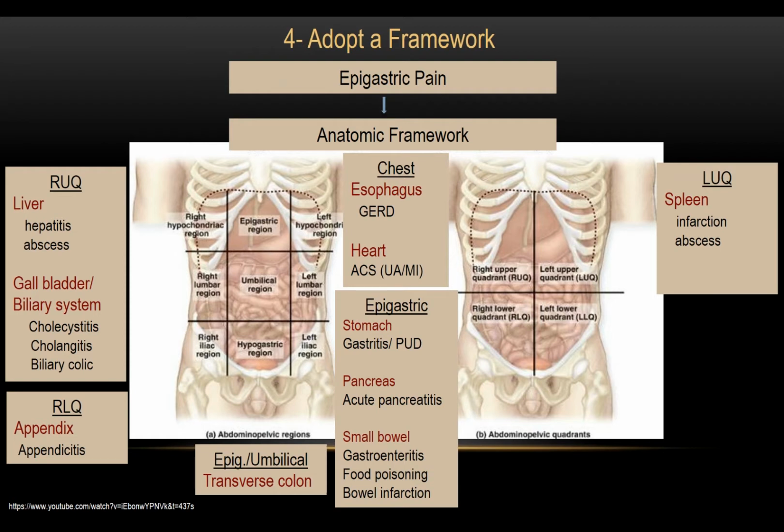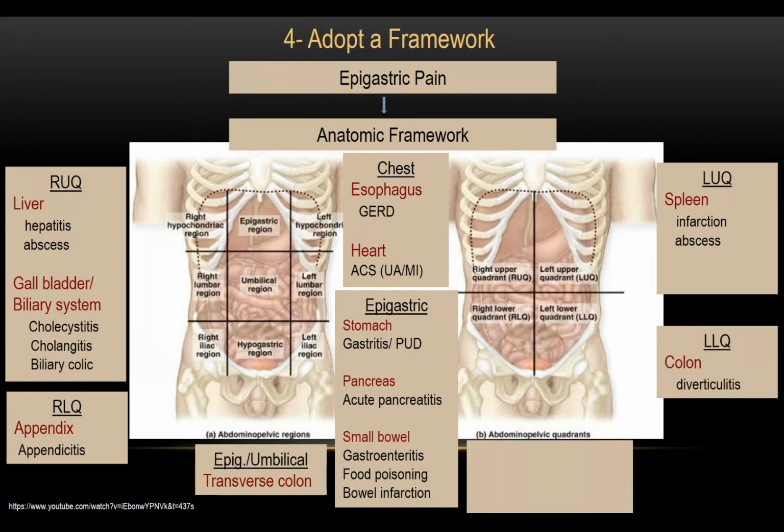It starts around the umbilicus and then becomes localized at the right iliac fossa or the McBurney point. And maybe we have the left lower quadrant, maybe coming from the colon, diverticulitis. And finally, don't forget the retroperitoneal space. It could be because of an abdominal aortic dissection. So this is the anatomic framework.